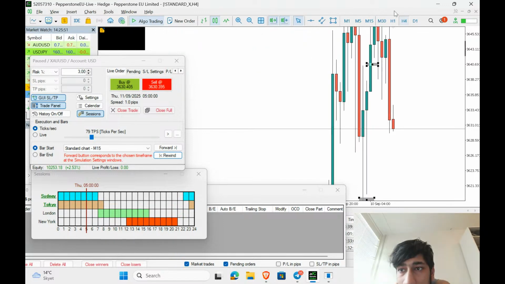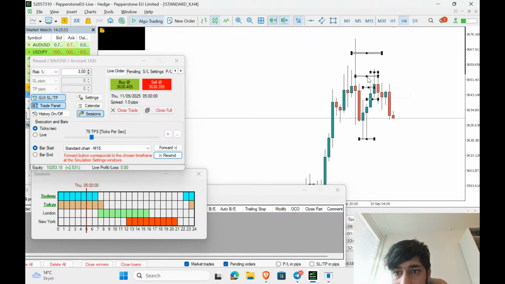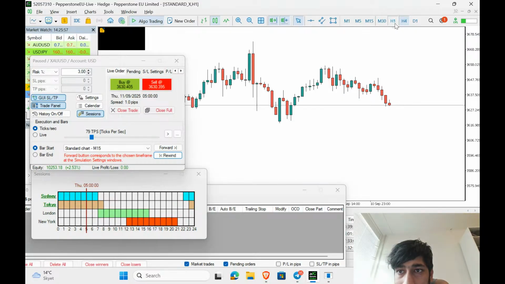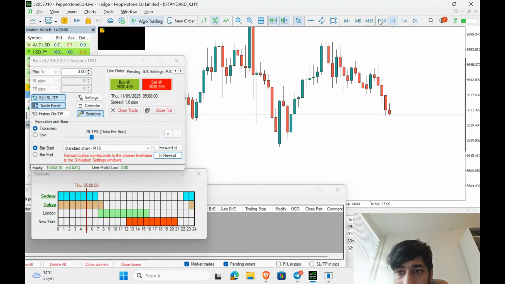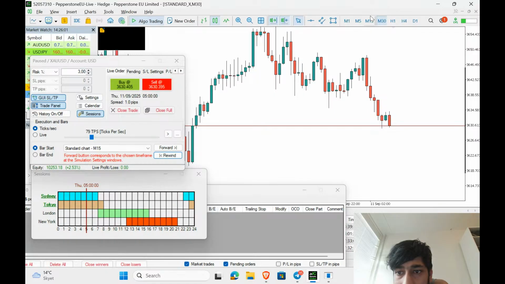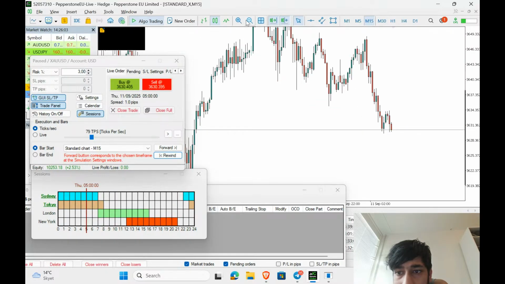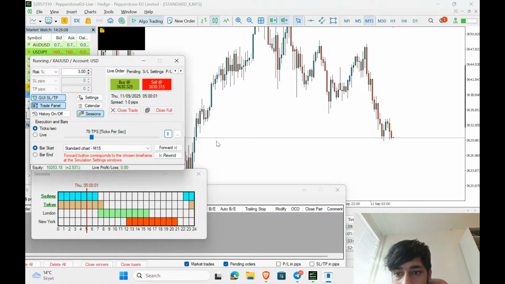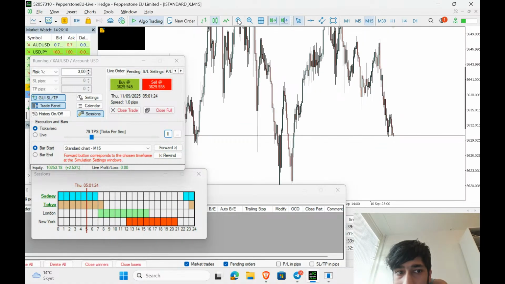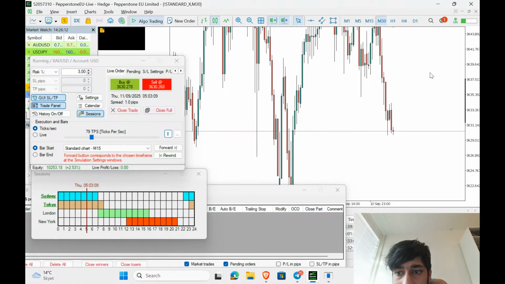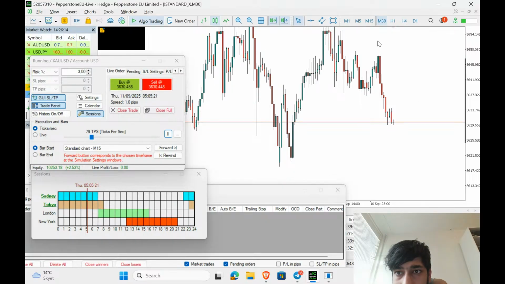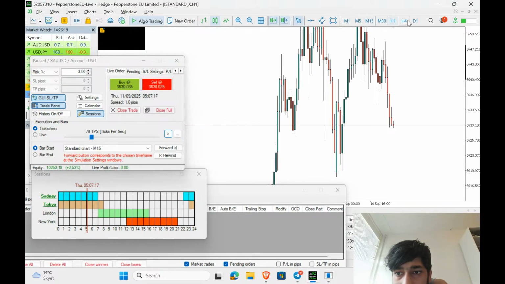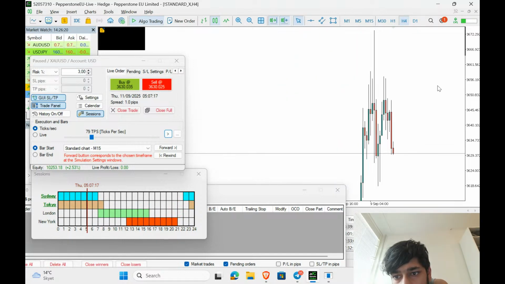Coming to this session, we are consolidating on 1 hour, 30 minute, 15 minute. We are just doing nothing at this point. I mean, H4 is bearish, but we are at support.